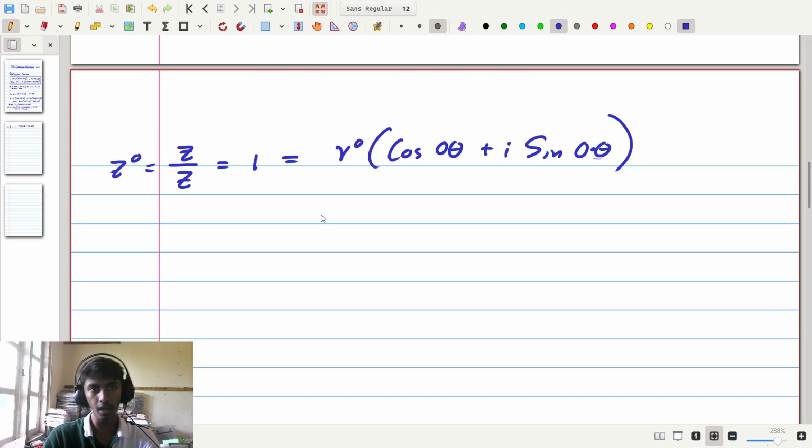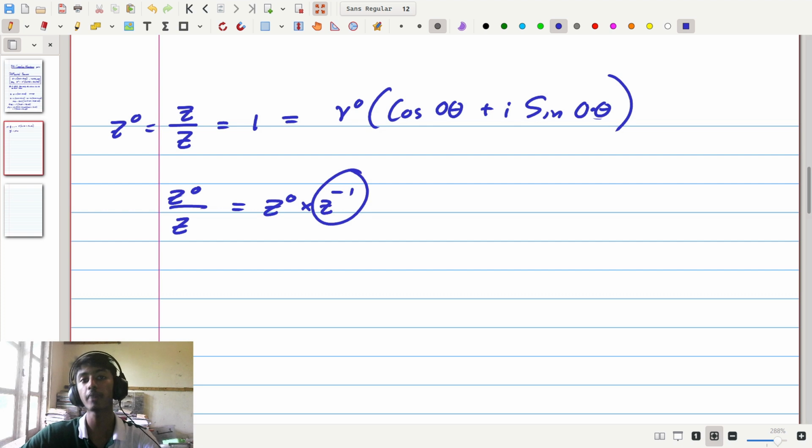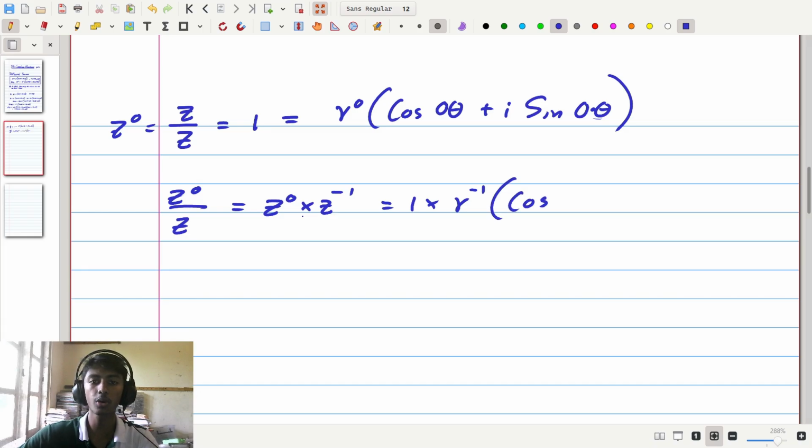Now going one down, if we divide by another z, we can do z to the power of 0 divided by z, which is z to the power of 0 times z to the power of minus 1, and z to the power of minus 1 is going to be equal to 1 times r to the power of minus 1 times cosine of negative theta plus i sine of negative theta, and continuously forward.